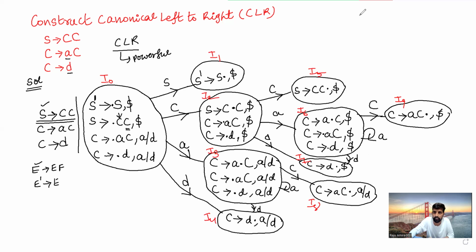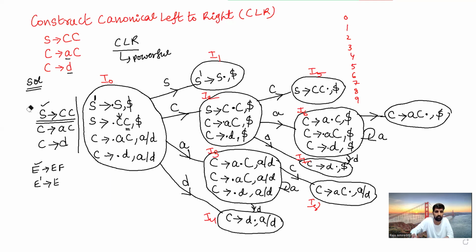So let me write here the values are 0, 1, 2, 3, 4, 5, 6, 7, 8, 9. So these are called the states.